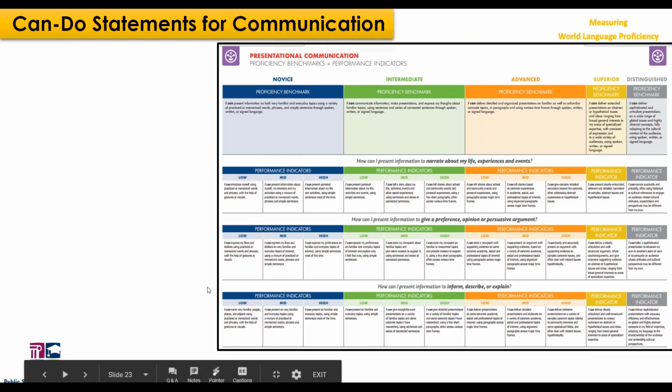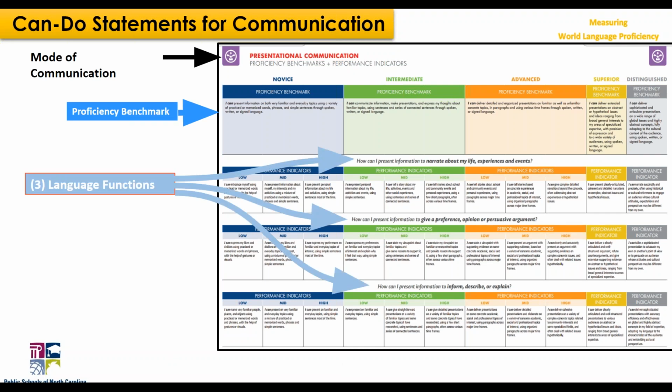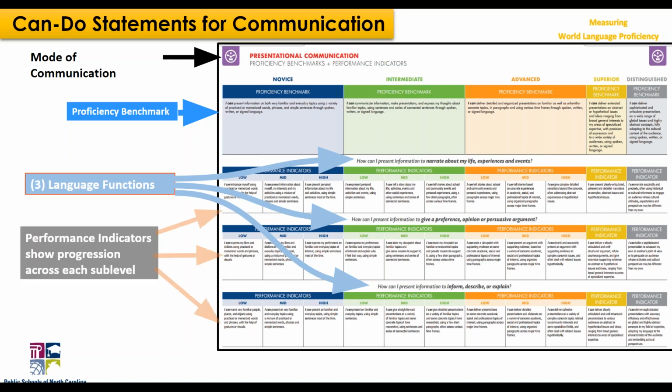As we progress on, you can see that those overall can-do statements, those proficiency benchmarks, are broken down a bit by mode of communication first, and then a repeat of the proficiency benchmark, and then within 3 language functions for each communication mode. Those are presented as questions. And then you have performance indicators, which are more specific can-do or I can statements that students would be working with. This is also something you can use as a teacher, obviously, to shape your instruction.